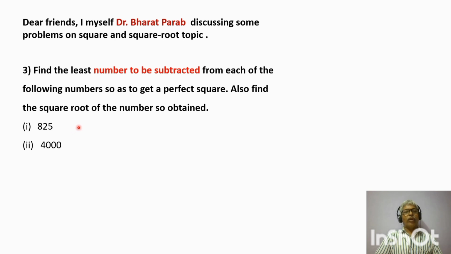These are not perfect squares, but we are supposed to find a number lesser than this which is a perfect square. That is why we will try to find the number to be subtracted from this. Okay, so we proceed ahead.